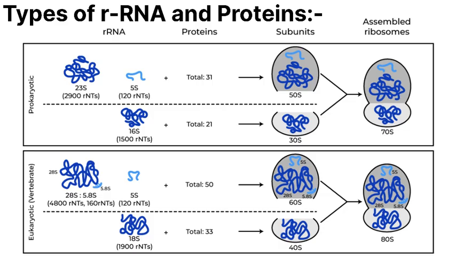Both prokaryotic and eukaryotic ribosomes consist of specific rRNA types and dozens of proteins that work together to make life's essential proteins. So let's see what these are.